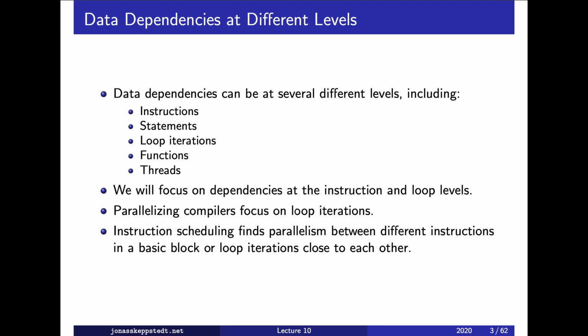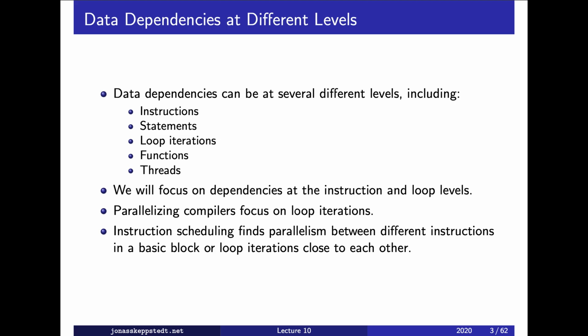Parallelizing compilers typically look for dependencies between different loop iterations, so that some iterations can be executed in parallel. Instruction scheduling looks at both dependencies between instructions and loop iterations.